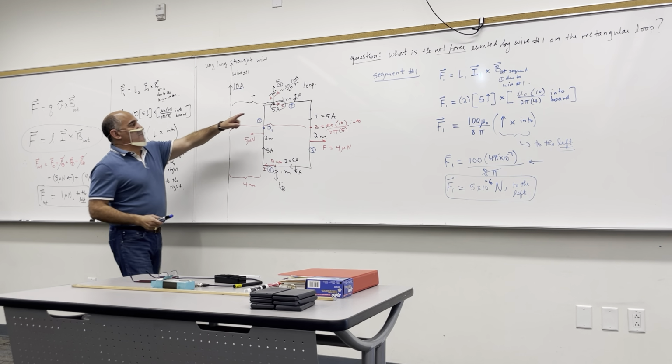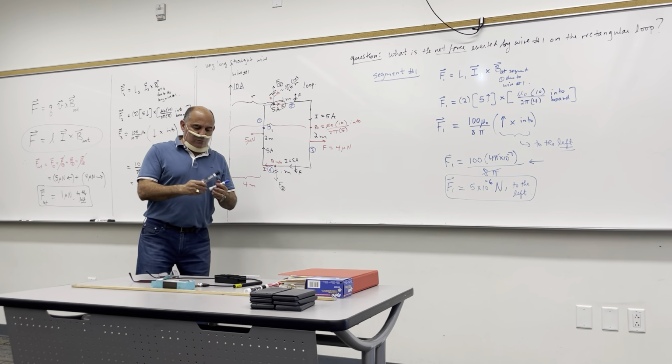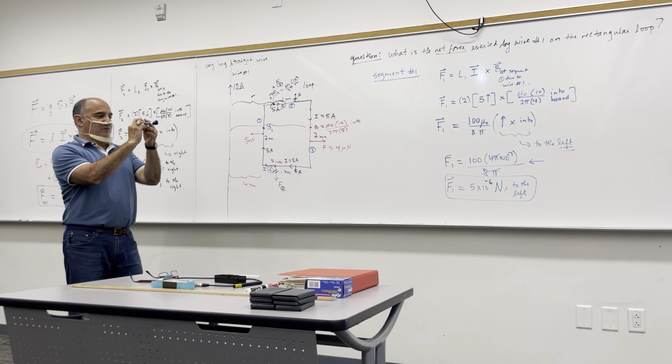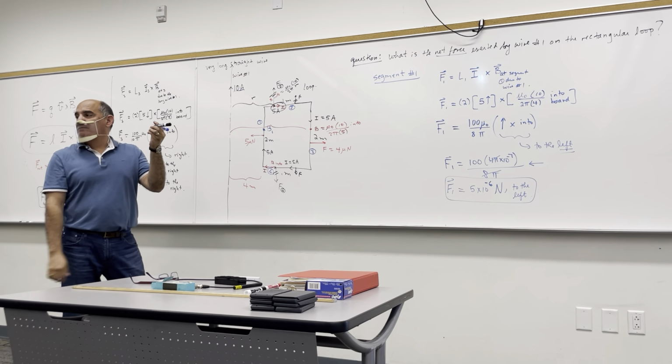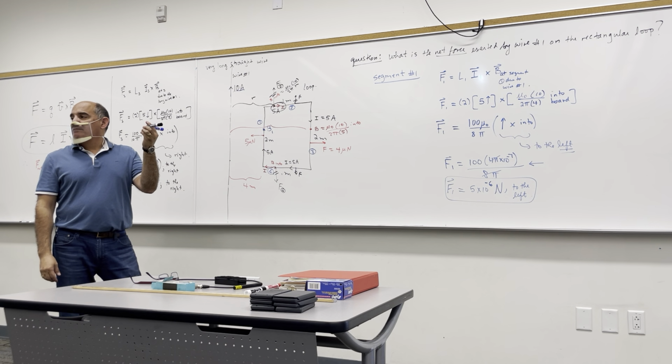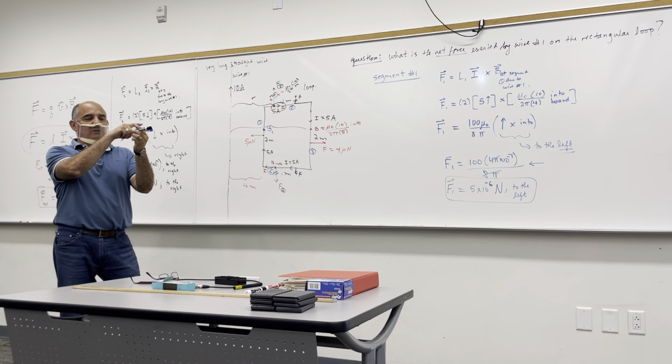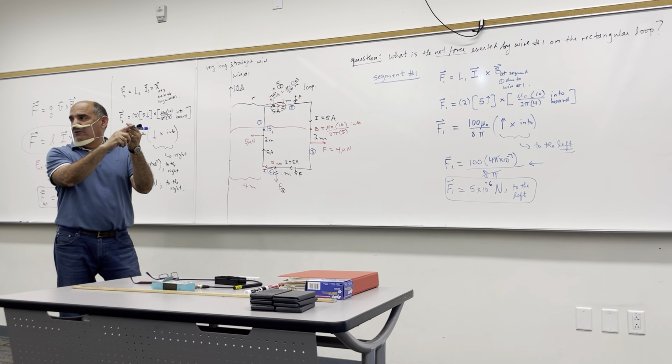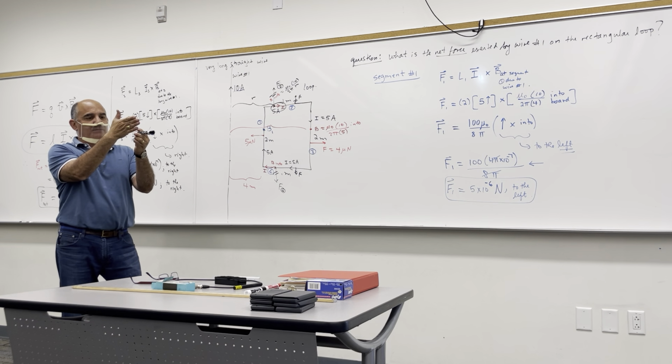So if the current is to the right and the magnetic field is into, what is the direction of I cross B? Right hand, four fingers, first vector, palm, thumb.